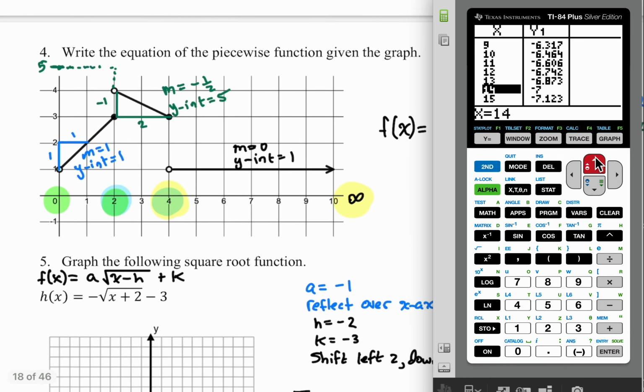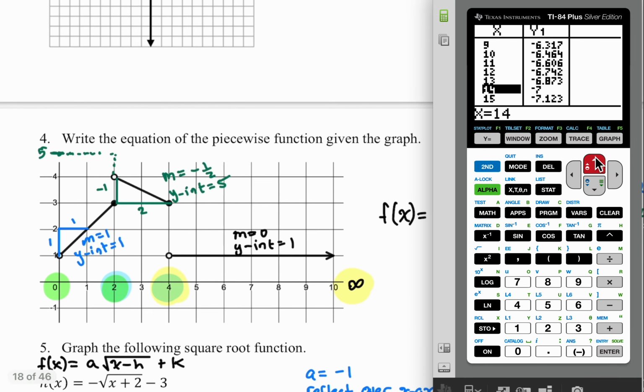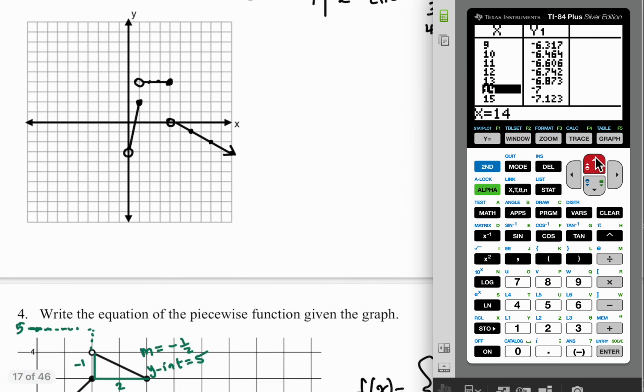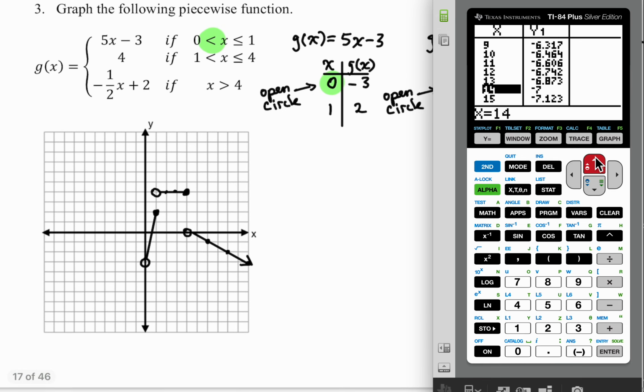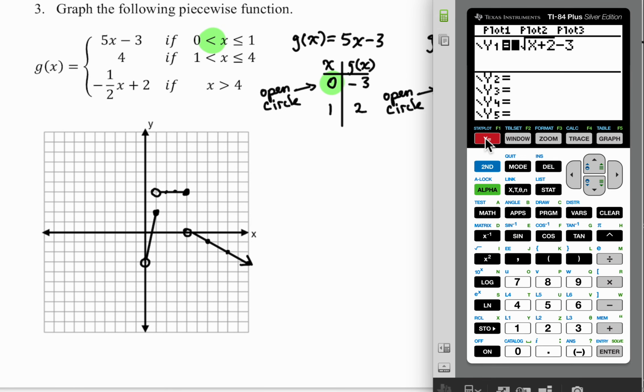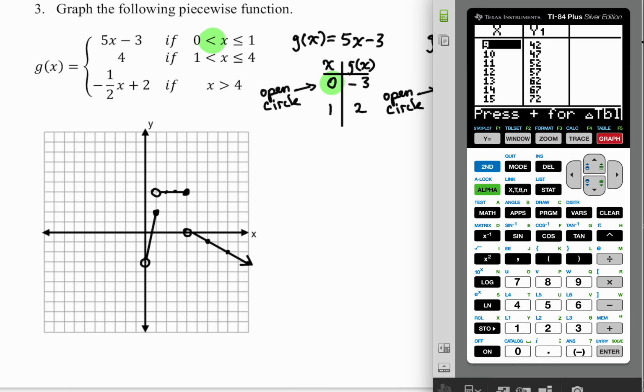For the piecewise functions, pulling it from a graph, it's really not much a calculator is going to help you with there. And honestly, even for something like this, all you would be using the calculator for, if I type in 5x minus 3, second graph, I would just be looking, I made a table going from 0 to 1.